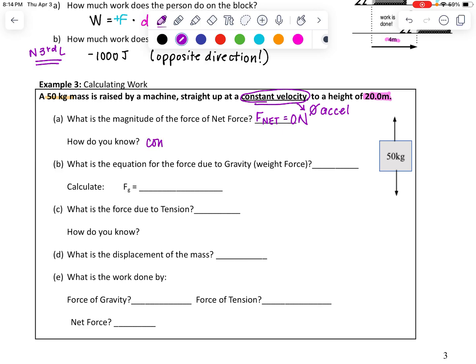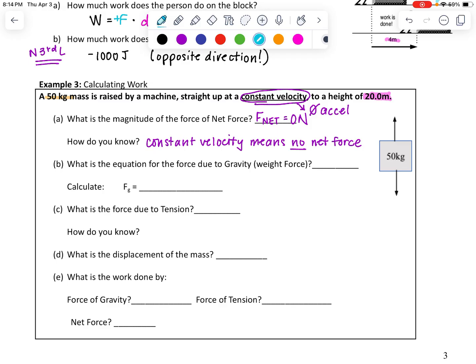Constant velocity means no net force, or zero net force. What's the equation for force due to gravity?